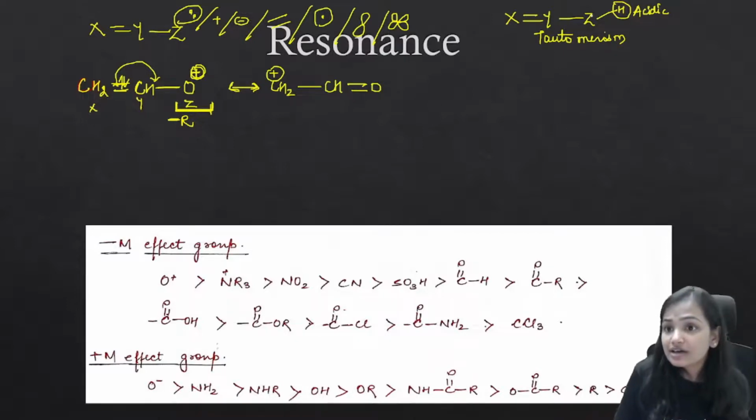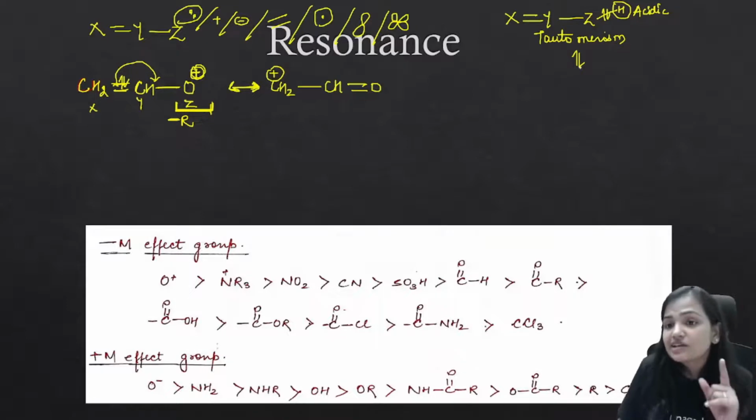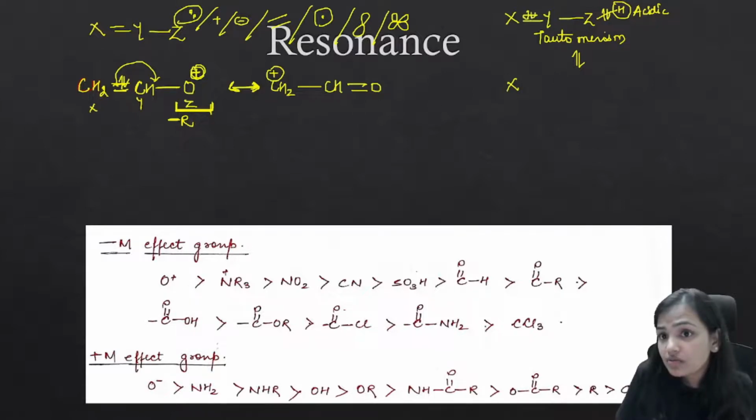In the case of tautomerism, the sigma bonded electron gets displaced. The resonance sign is the double-headed arrow, and for tautomerism we write this sign, which is an equilibrium. This shows that the hydrogen will come over to this atom and the electron pair will go to this one.